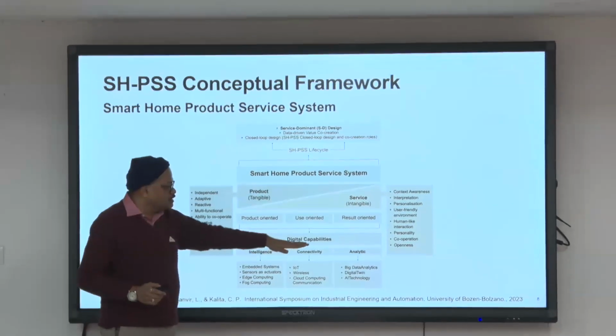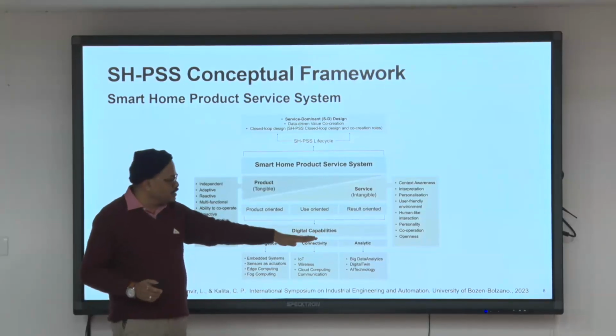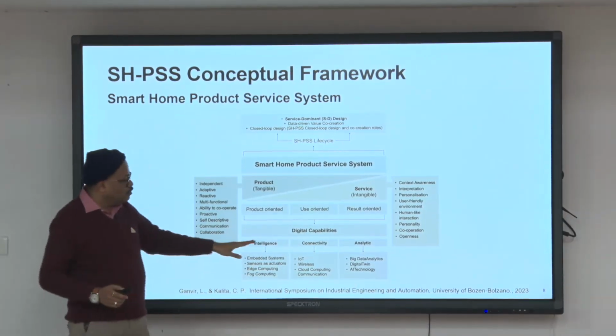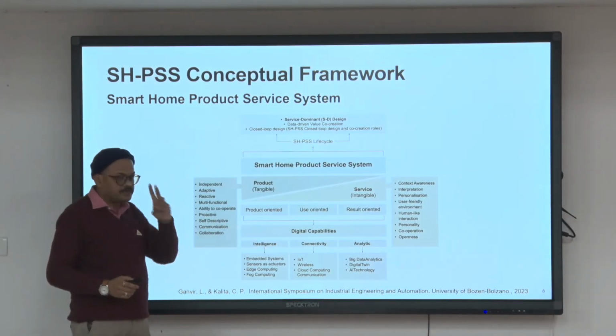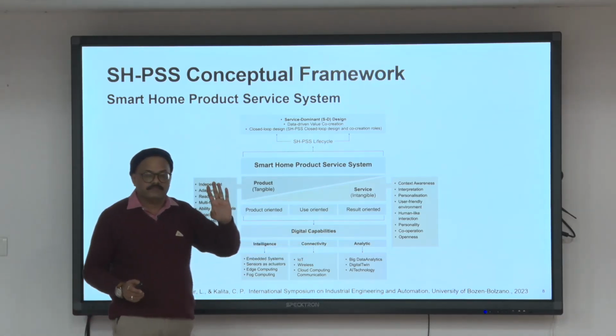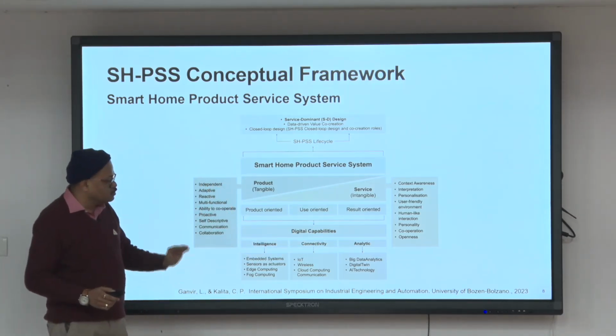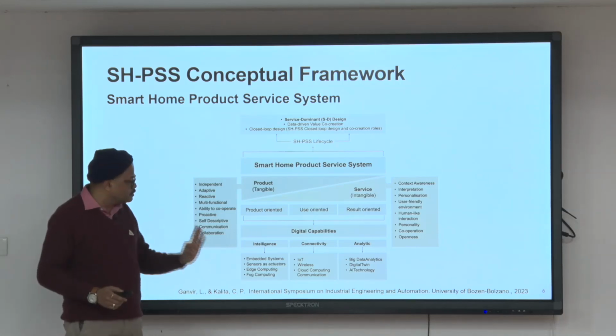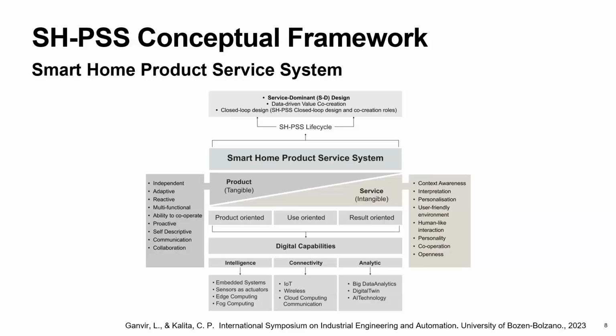Then we talked about the digital capabilities, right. In the digital capabilities, we basically talked about three attributes: intelligence, connectivity and analytics. In terms of intelligence, we talked about embedded systems, sensors and actuators, edge computing and fog computing.